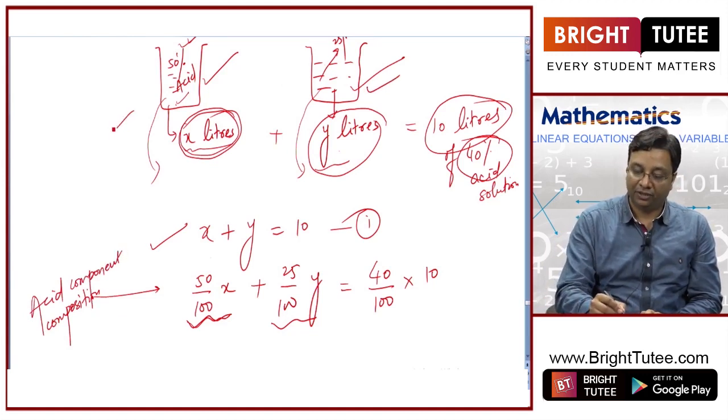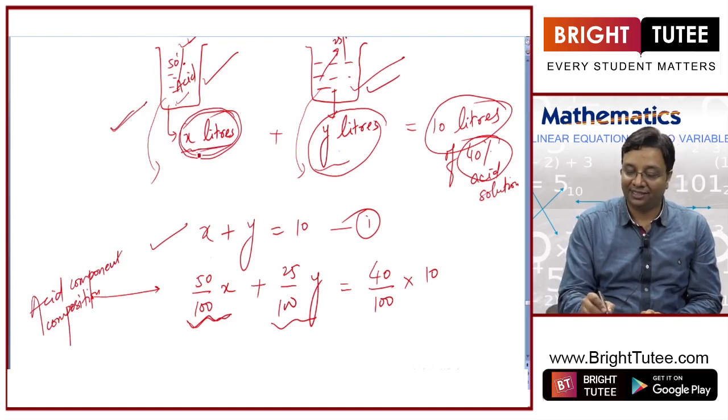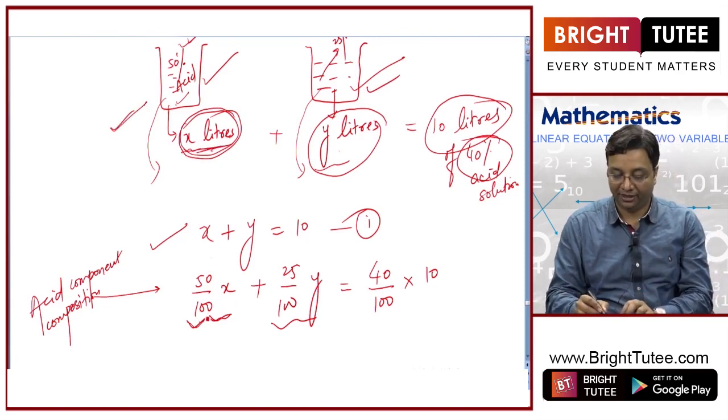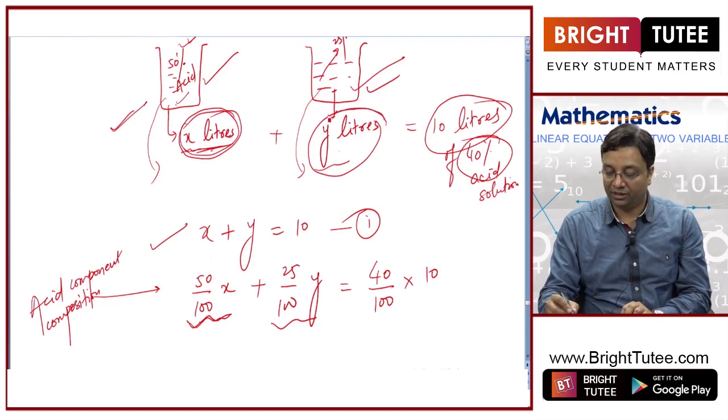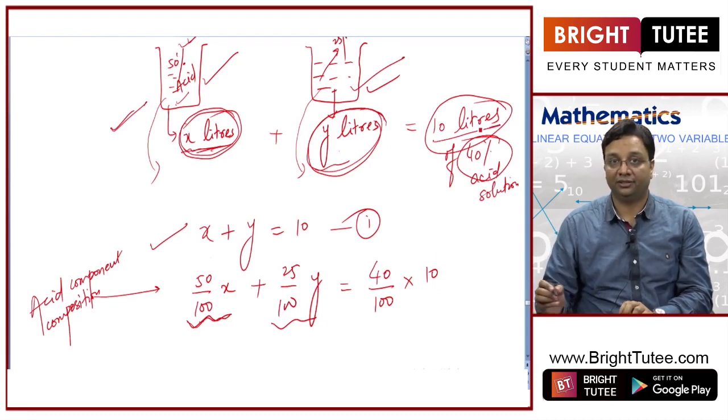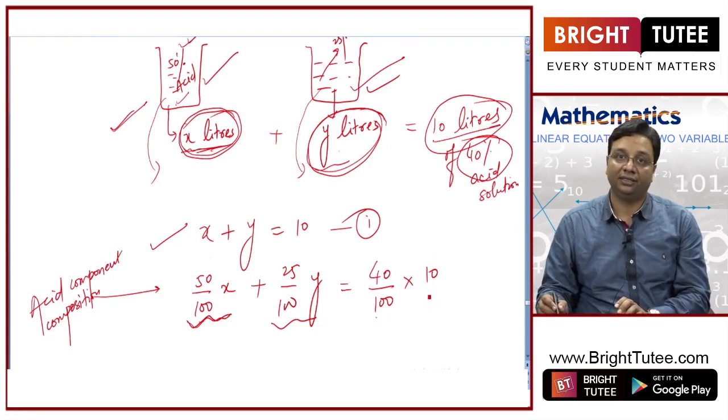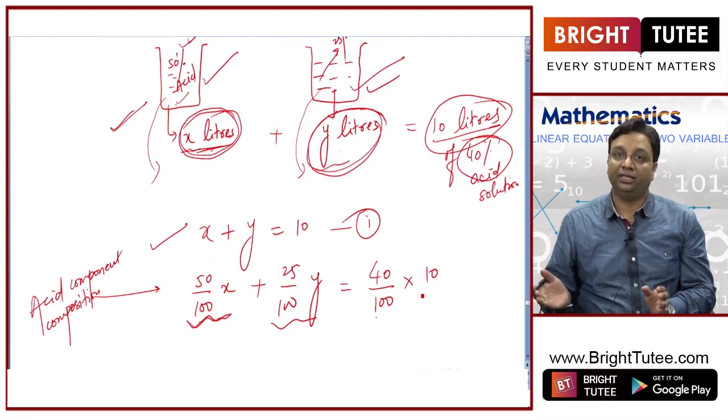What is the acid component of this x liters? It is 50 by 100 x. Acid component of this y liters, 25 by 100 y, and acid component of this final mixture is 40 by 100 into 10. So these should be equal, right?